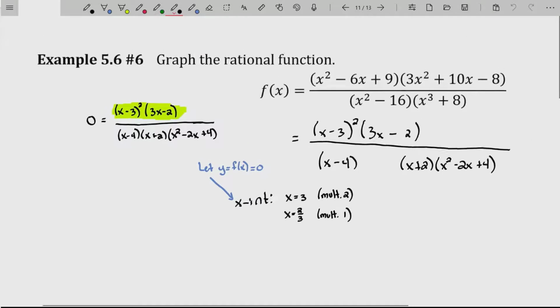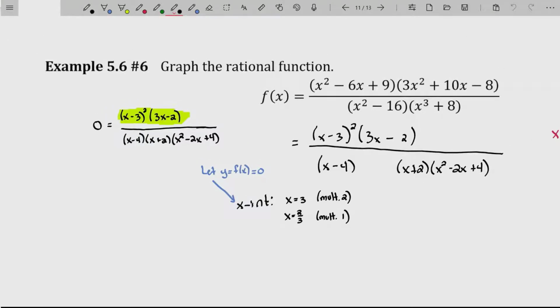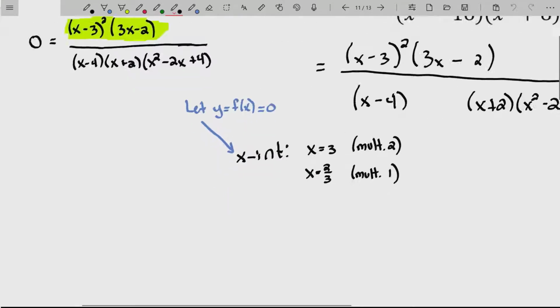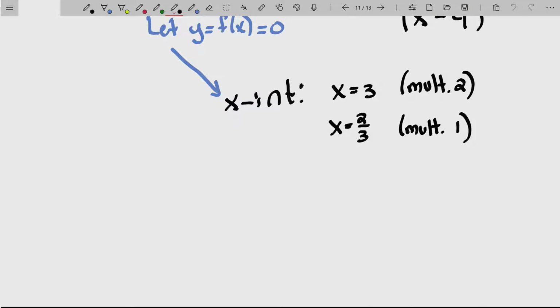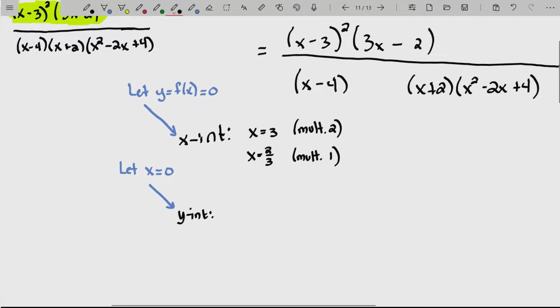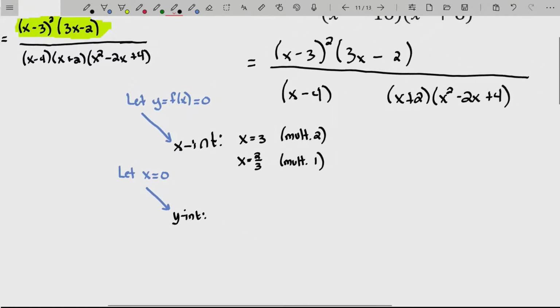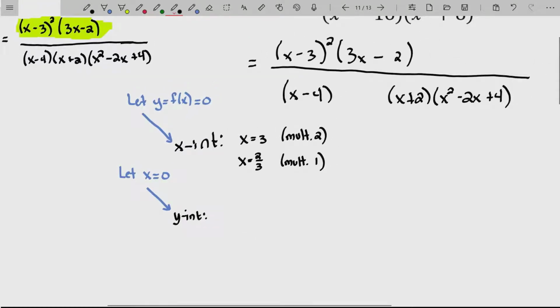All right, what else did we do in our algebra courses? Well, like I said, we found Y-intercepts in algebra, but there's a little caveat with high-degree polynomial and high-degree rational functions. That caveat is that often it can be very challenging to find, not very challenging, but the numbers can be terrible.